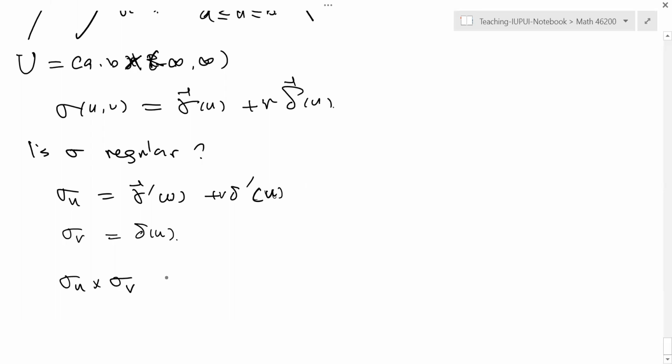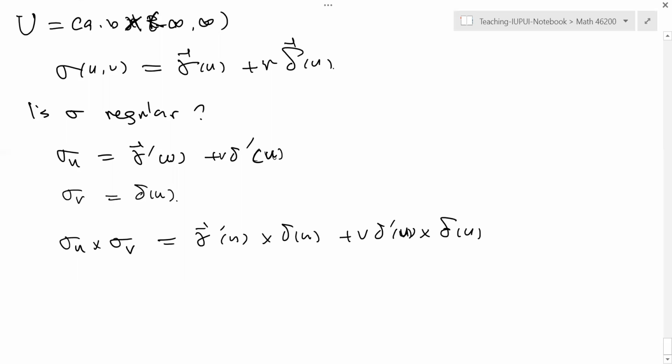It depends, okay? And it's not clear whether this is going to be zero or not. So sigma is regular if and only if this is not going to be zero. This is a question: when is it going to be zero?